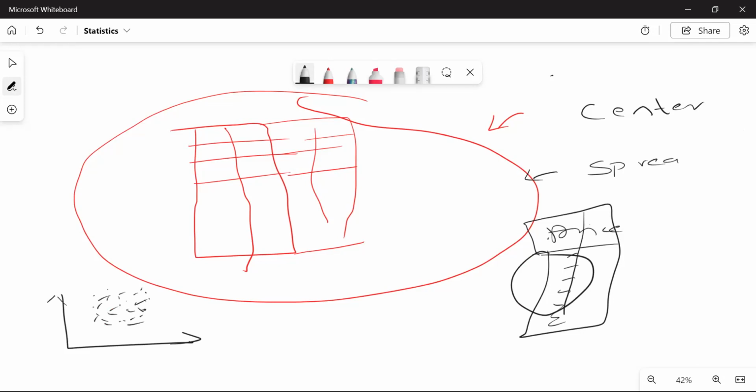If you want to analyze this specific set of data, you need to find the central point and how the data is spread. That is what we need to analyze.